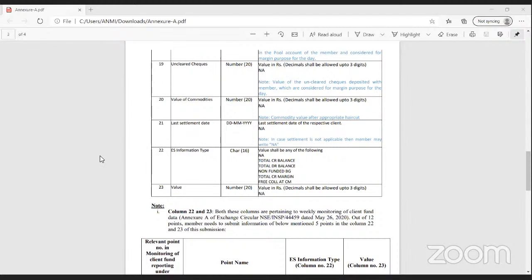Can you just discuss column 22, because this question is not very clear? Or we can just discuss what comes in column 22 and move forward. Both column 22 and 23 pertain to weekly monitoring of client fund. There are total 12 points.